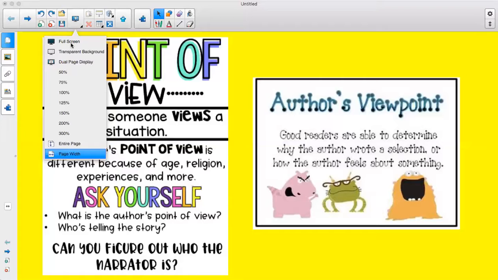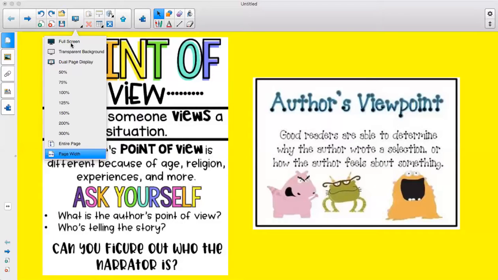Let's take a look at one of these questions. It says, what is the author's point of view on the topic? It wants me to underline it in red. That's exactly the second thing that I was going to do, right?